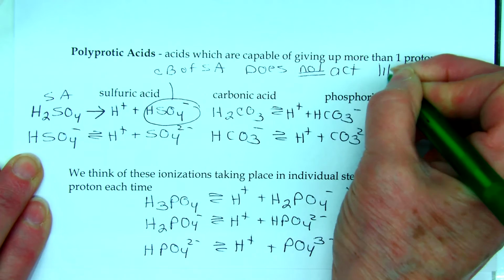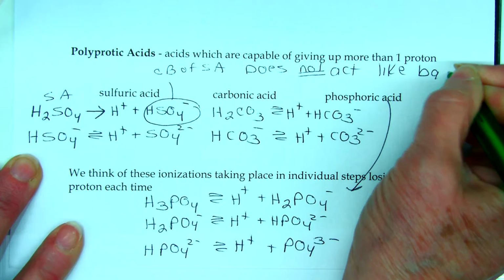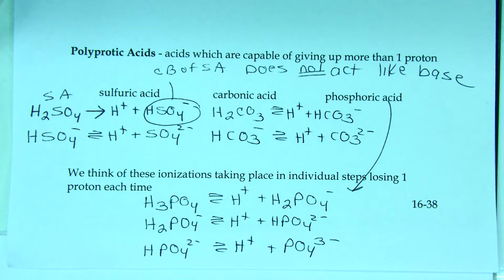It has no interest in going back and getting that proton back. But the tricky part is it's also a weak acid. So it does its weak acid thing. So that's why we never use a sulfate ion or a hydrogen sulfate ion as something in a salt, because it does its own chemistry.